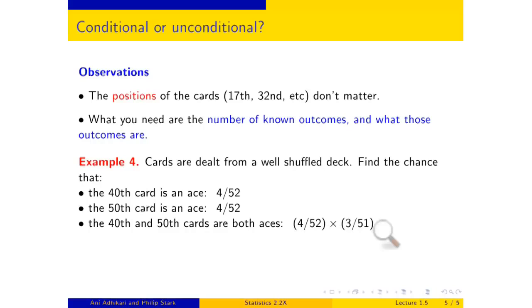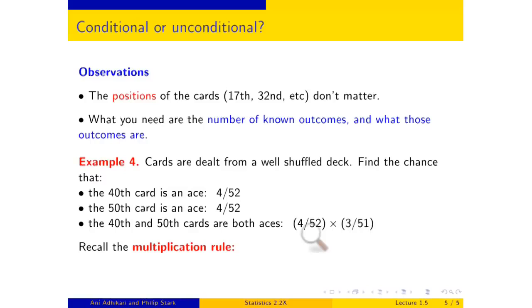And I want to focus on that 3 over 51. The multiplication rule says take the chance of the first thing, multiply not by the chance of the second thing, but by the conditional chance of the second thing given that the first one has happened.